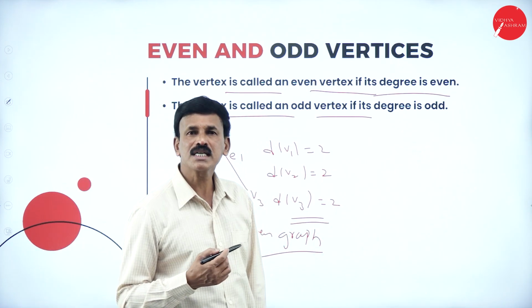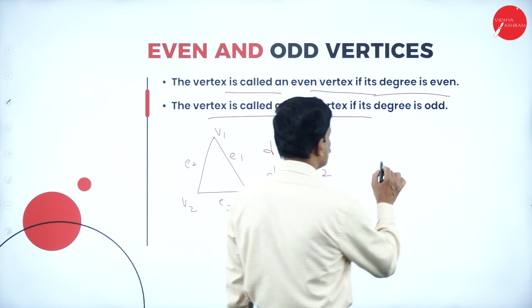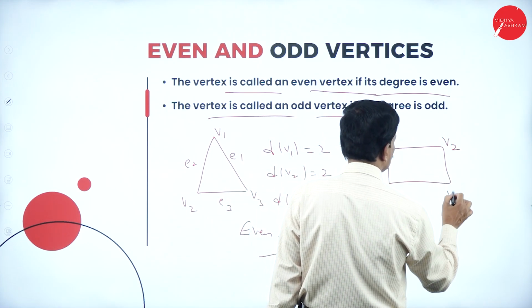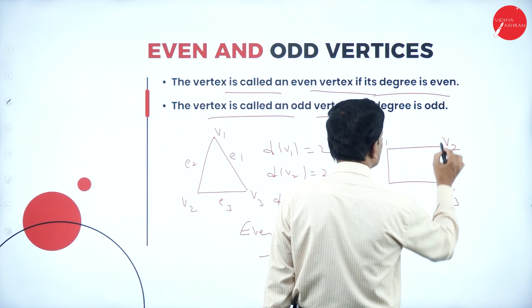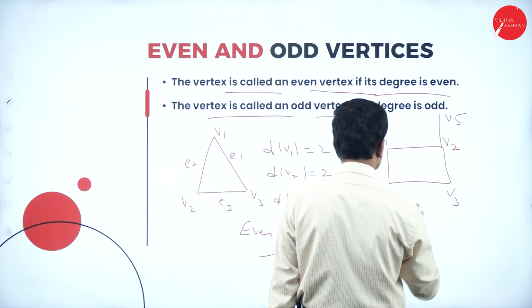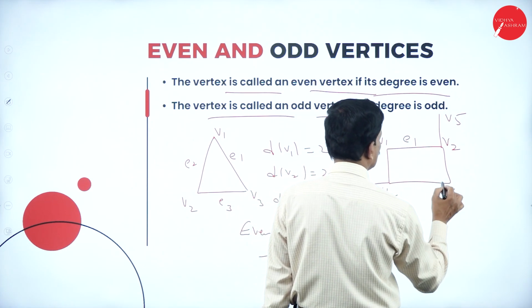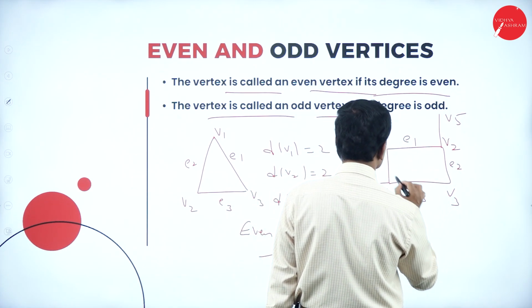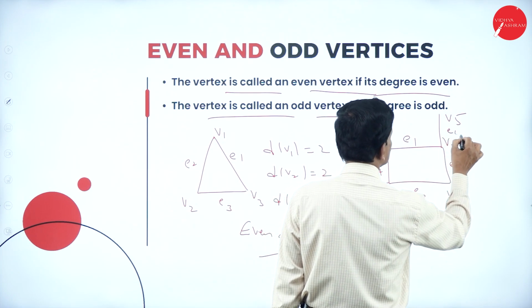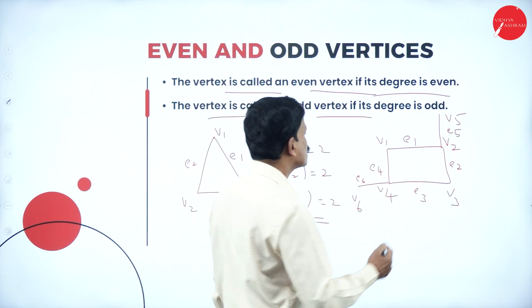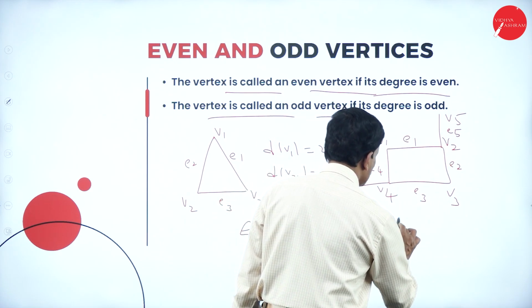Okay, now let us take an example for an odd graph. Suppose I write like this: V1, V2, V3, V4, V5 and V6. Here the edges are E1, E2, E3, E4, E5 and E6. Now what is the degree of V2?